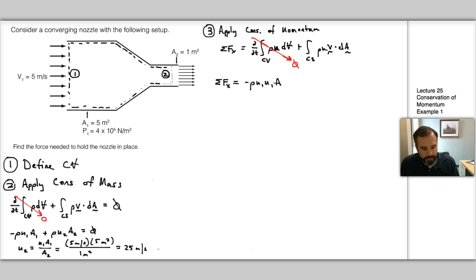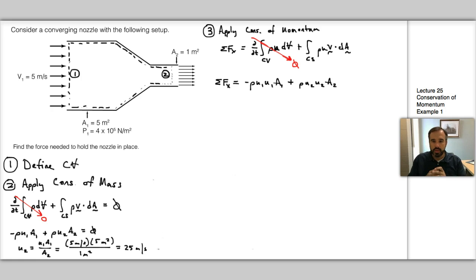Okay? And we're going to add to that the momentum flux at surface 2. The V dot dA is going to be outward normal, so the velocity and the outward normal are in the same direction, so it's a positive value instead of a negative value like the inflow. And we're going to have rho u2 u2 A2.